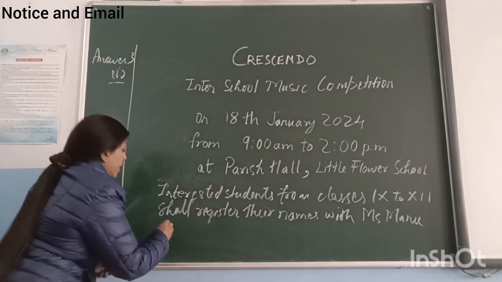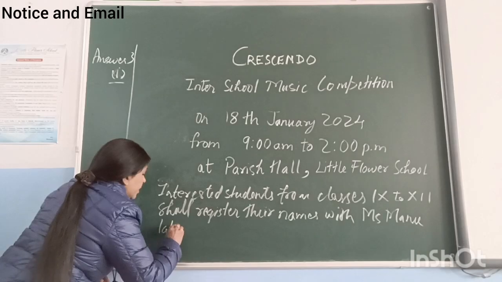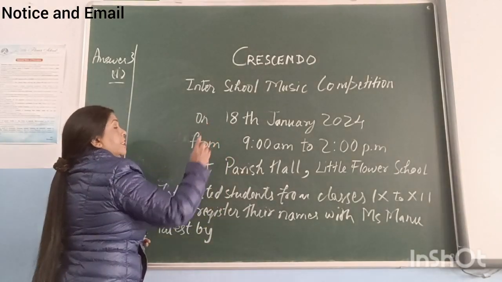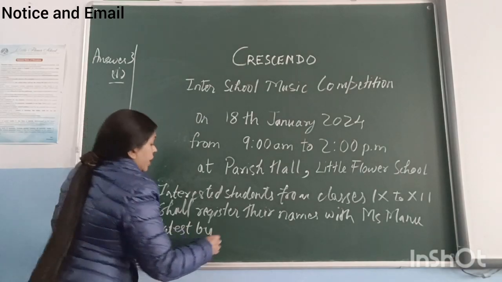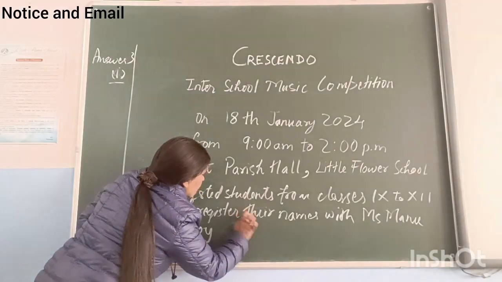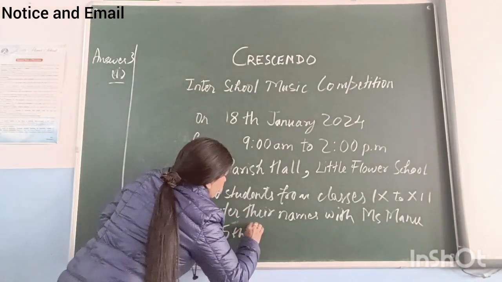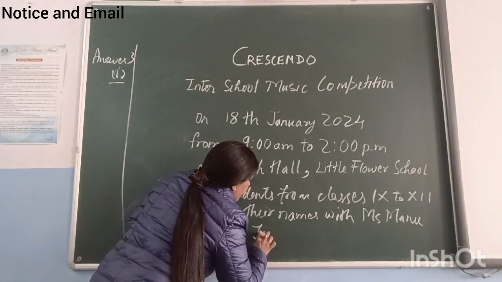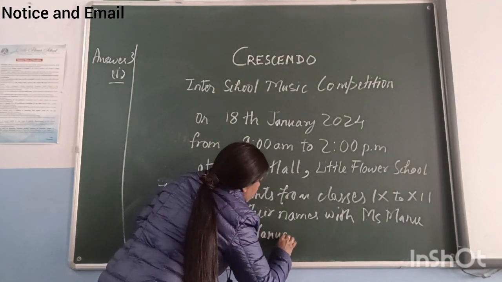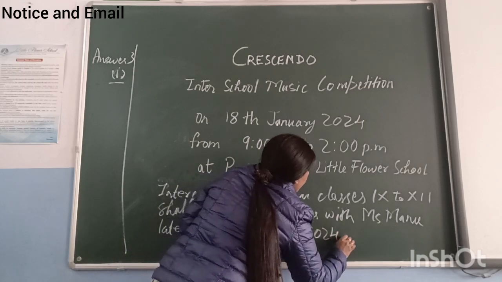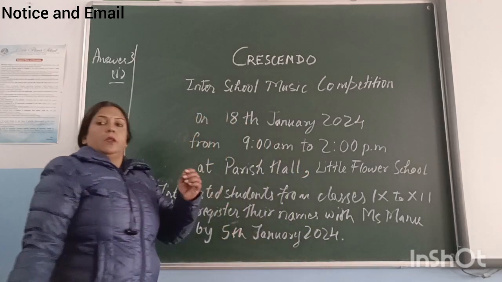Now till what date? Latest by, now you are organizing on 18th, today is 2nd Jan, so it could be 6th of Jan or 5th of Jan, anything, say 5th of Jan. Capital, no cursive writing, January 2024. Please do not use any short form.